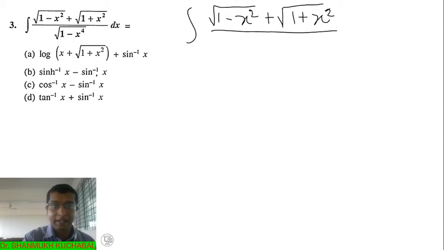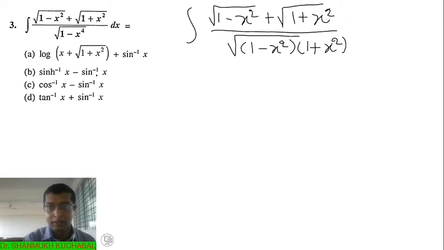This can be written using the a square minus b square expression: a minus b into a plus b, that can be written as 1 minus x square into 1 plus x square, under square root. So a minus b into a plus b is a square minus b square. Here it is 1 minus x raised to 4.